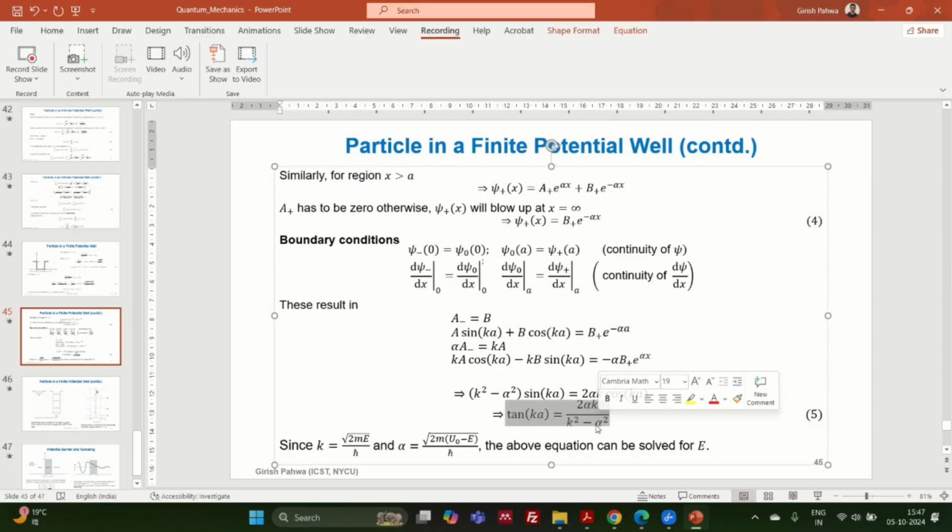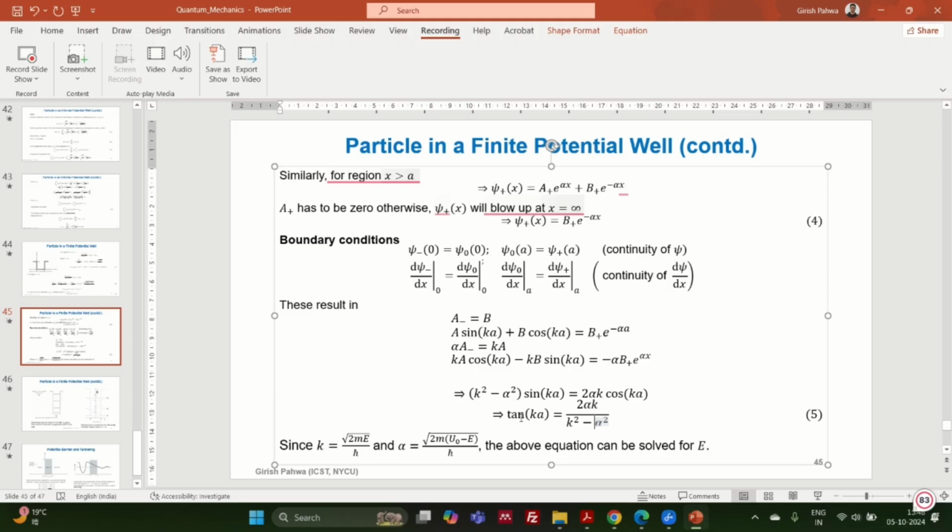Finite number of solutions. So in the case of an infinite potential well, how many energy values did we have? We had discrete energy values, but if you count them, they were infinite, right? E1, E2, E3, E4, E5, E6, and so on, n equal to 1 to infinity.